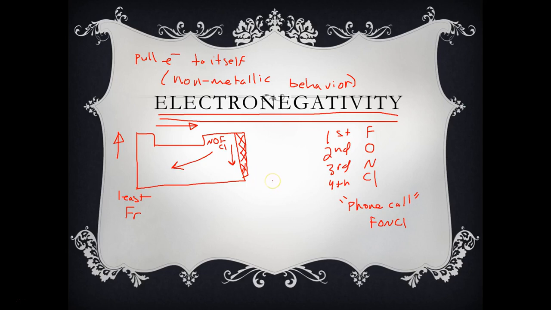Everybody else needs them, and they're trying to get those electrons to be isoelectronic with the noble gases. They want to have the same electron configuration as the noble gases, and so they're going to react in order to do so. So electronegativity is the tendency of an atom to pull electrons to itself or to behave like a nonmetal. That's the top four. It increases up and to the right.